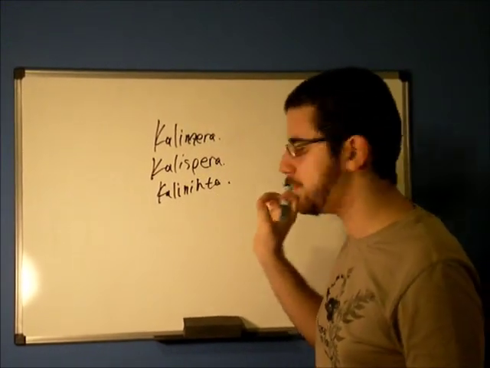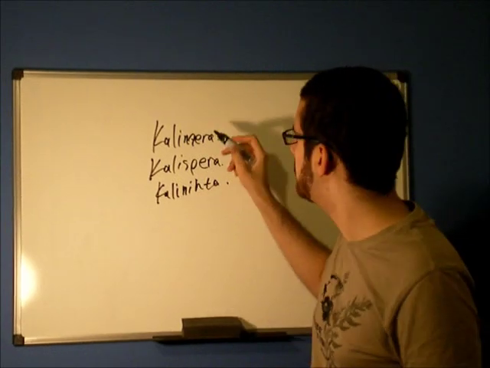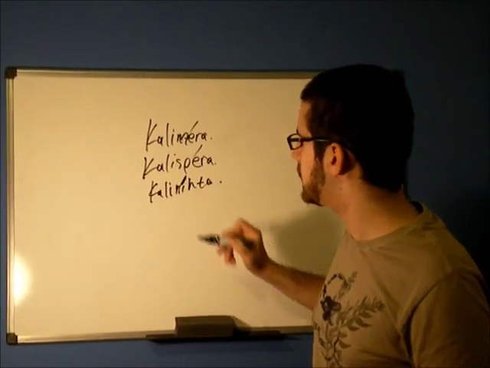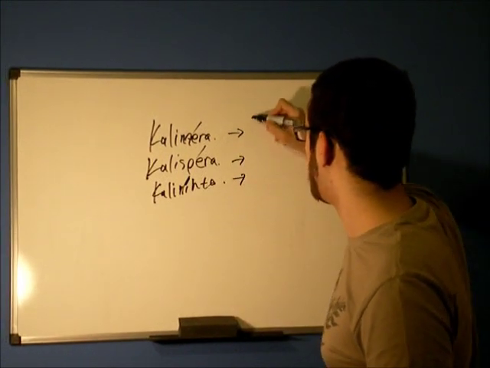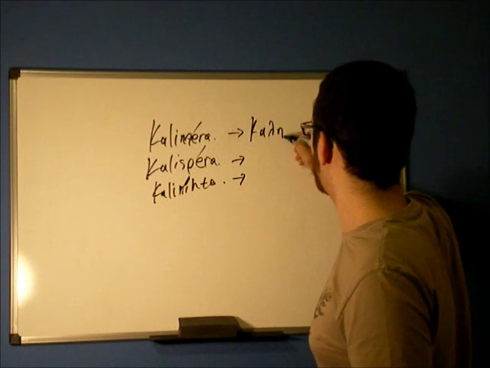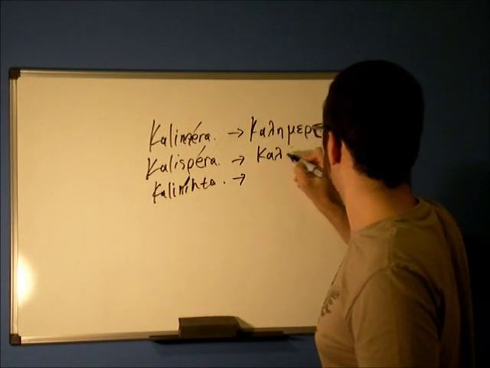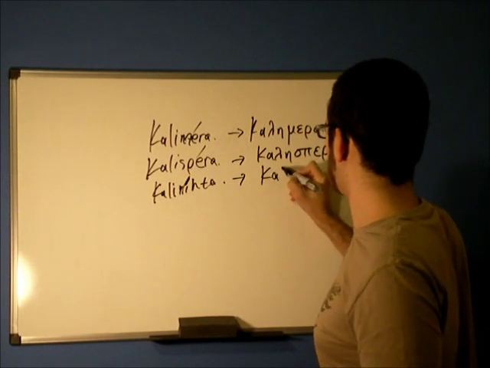At the specific point where you actually say it louder. Kalimera, kalispera, kalinihta. Okay, at the I. And in Greek script, using the Greek alphabet, these are actually written kalimera, kalispera, and kalinihta.